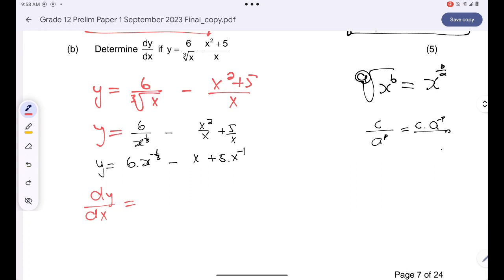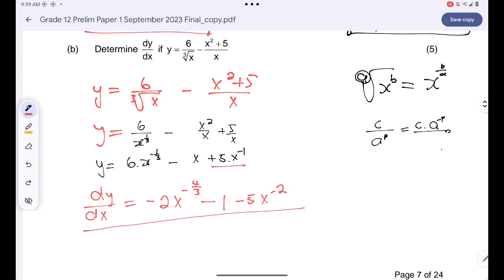Okay, so the derivative of this term over there is just equal to negative 2x to the power of, when you say negative 1 over 3 minus 1, you'll simply get negative 4 over 3. And then the derivative of negative x is just equal to negative 1. The derivative of positive 5x to the power of negative 1 will just get negative 5 multiplied by x to the power negative 2.